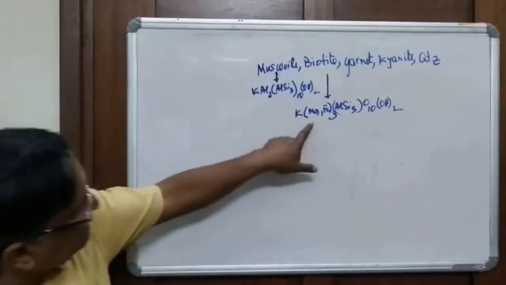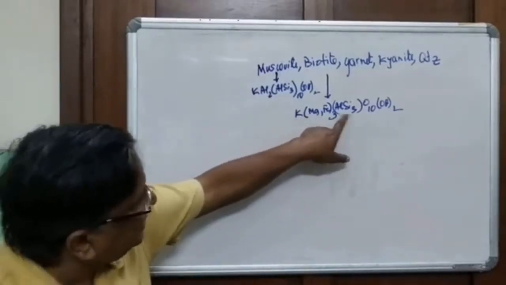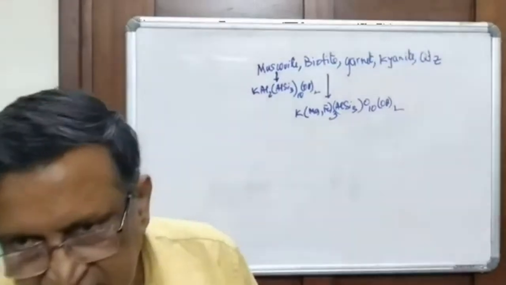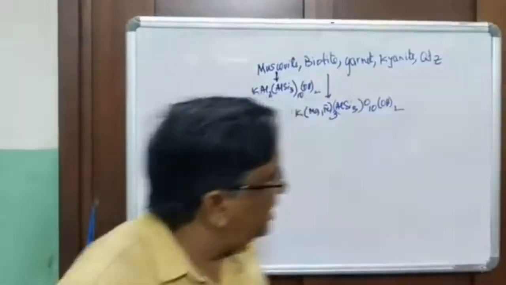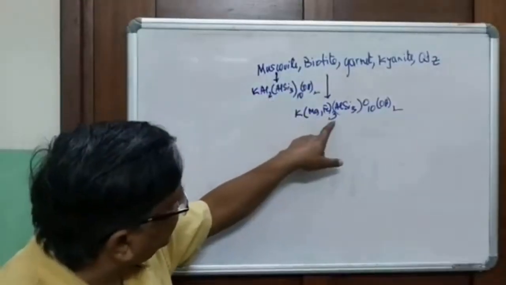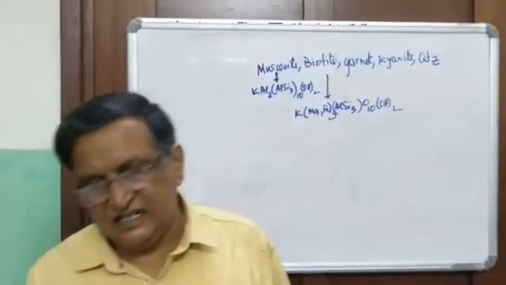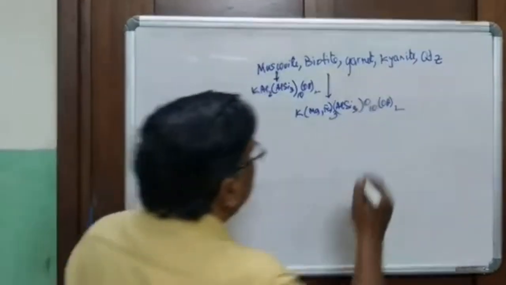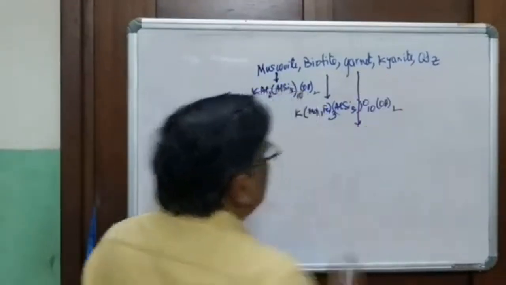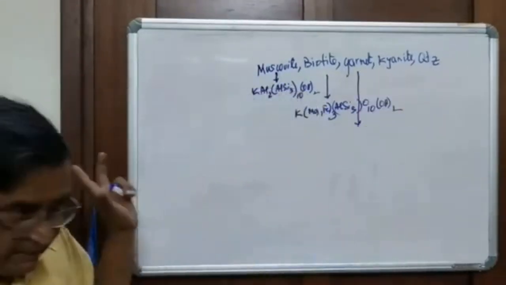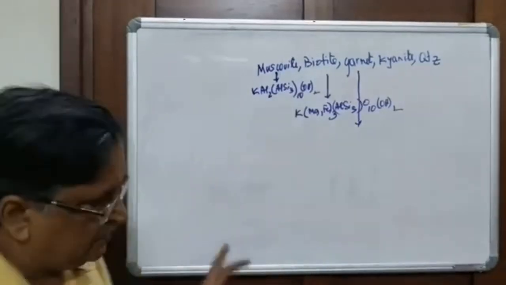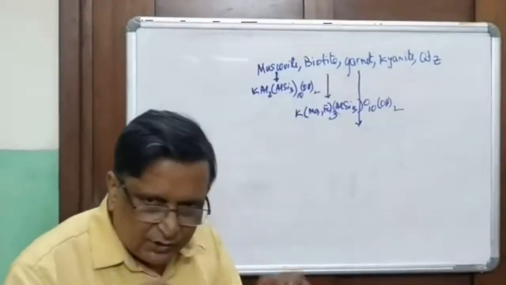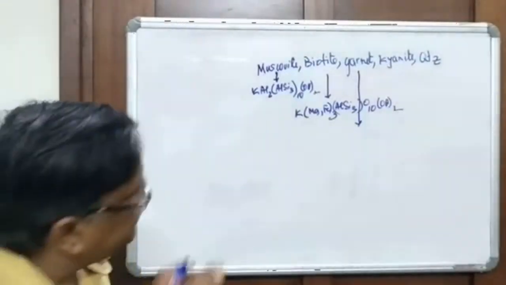The magnesium end-member KMg3 is called phlogopite. And KFe3 is called annite, A-N-N-I-T-E. Let's say if I go to garnet, let's do it simple first. We don't make things complex. Once you understand the basics, you can make it as complex as possible.